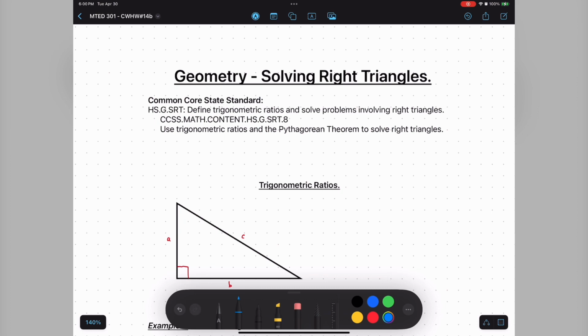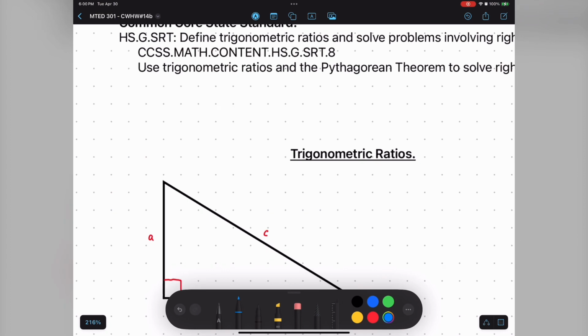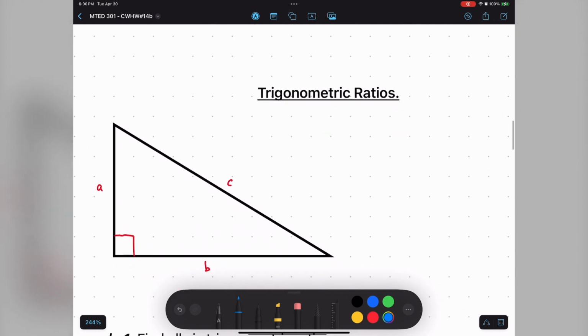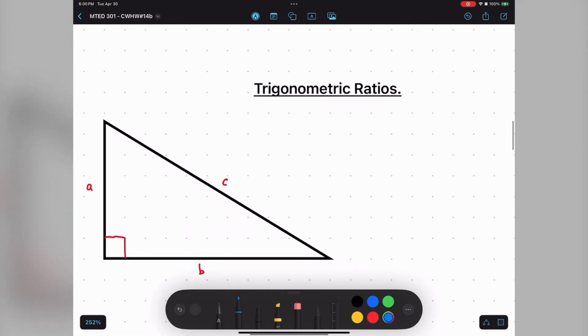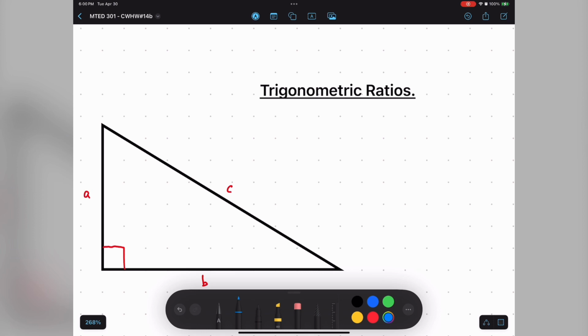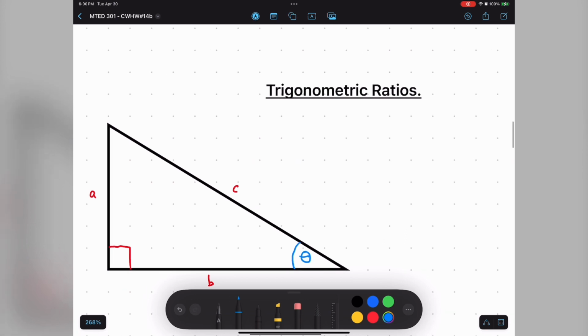Alrighty, so let's start our lesson by taking a look at what our trig ratios are. So we've got a right triangle here with sides A, B, and C, and we're going to make theta our angle. So we're going to take a look at our sides.